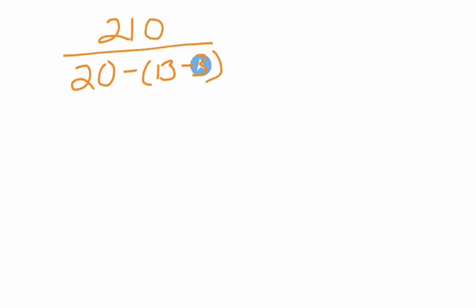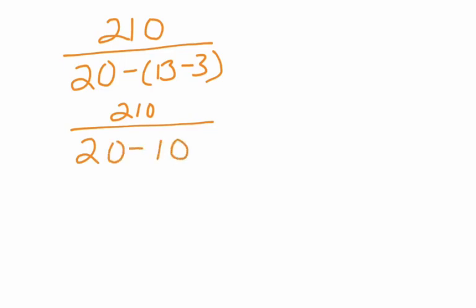So I've got a group on the bottom, and then in that group I have another group. I have 13 minus 3, and you start with the most inside part. Copy down the 210, because if you don't, you'll forget about it. 13 minus 3 is 10. And again, you can drop the parentheses once you're down to one thing in them. You don't need them anymore.